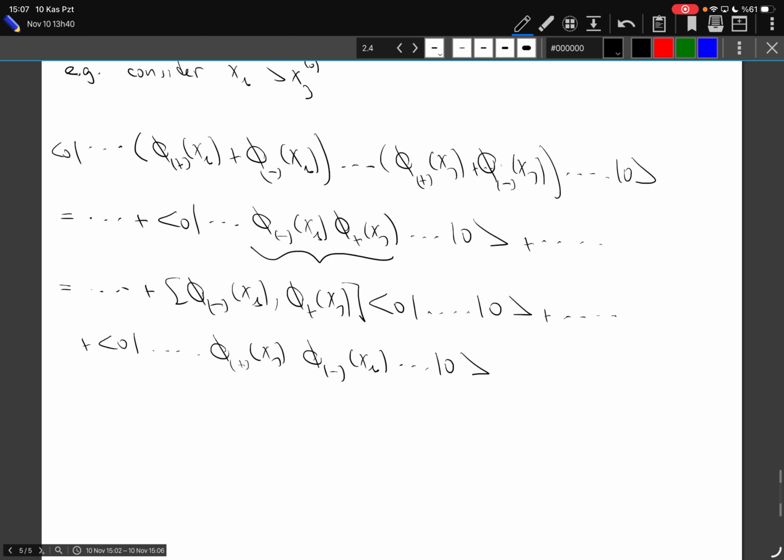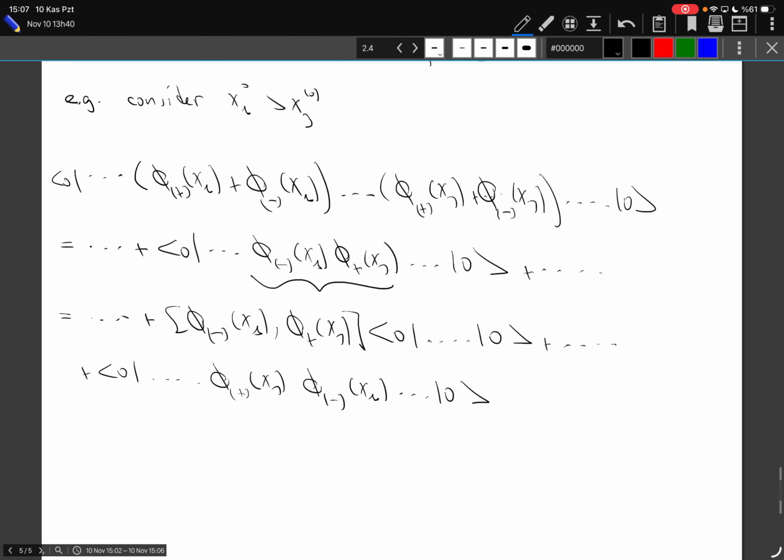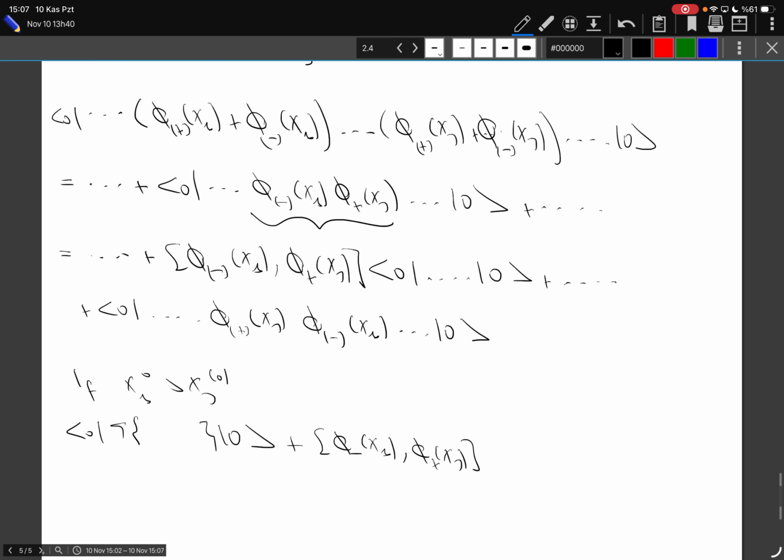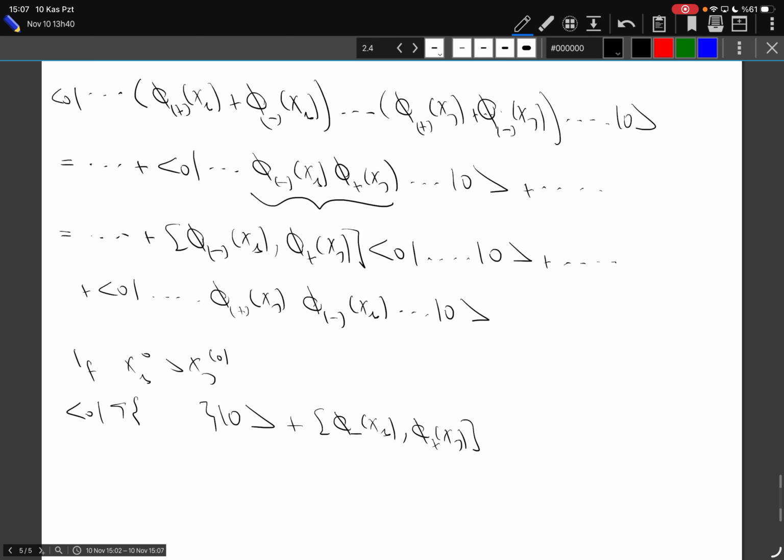So what does this tell me? Basically, if x10 is larger than x30 in this time-ordered product, I will get a term phi minus x1, phi plus x3, this commutator, which is a C number.